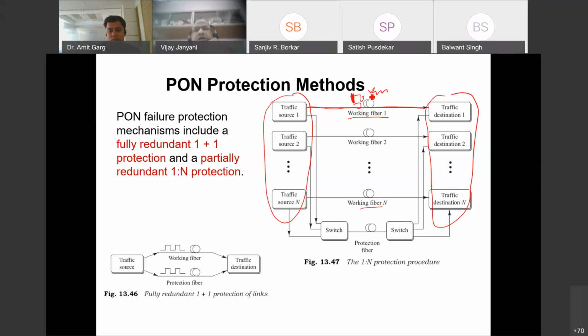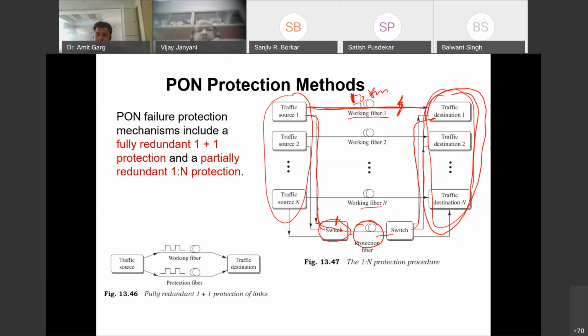You have to make an arrangement that if this fiber is broken due to some damage or problem, because you have a large user base which can be affected, you keep an alternative arrangement that it is routed through a different switch. There is a switch which was earlier off and becomes on, and then you have a protection fiber here, and the data can be routed to the desired direction.